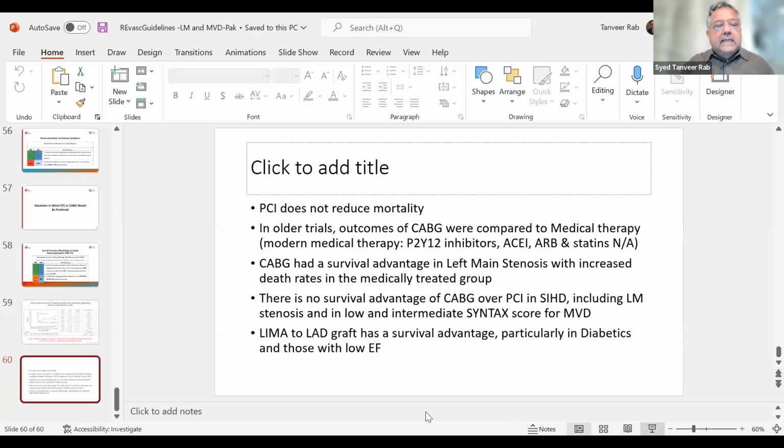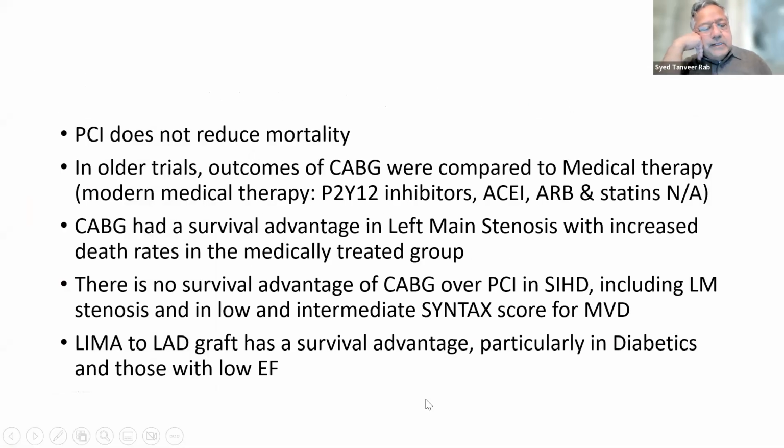The bottom line is, from all these trials, you should know that PCI does not reduce mortality. In older trials, outcomes of CABG were compared to medical therapy, and modern therapy was not available, such as P2Y12 inhibitors, ACE inhibitors, ARBs, and statins. CABG has a survival advantage in left main stenosis compared to medical therapy.